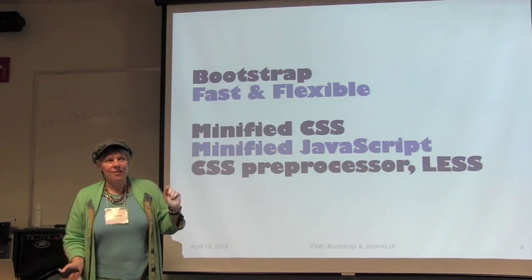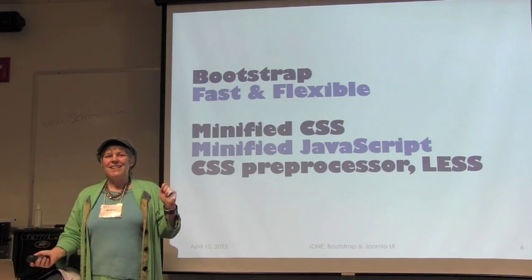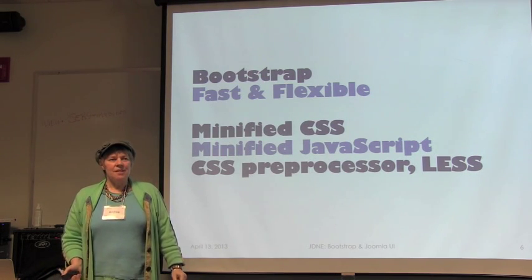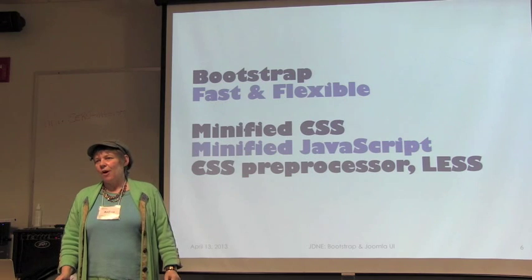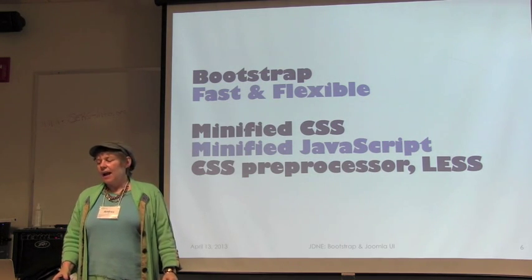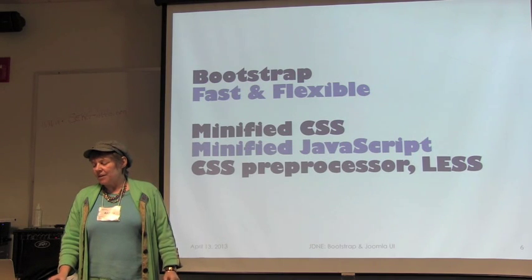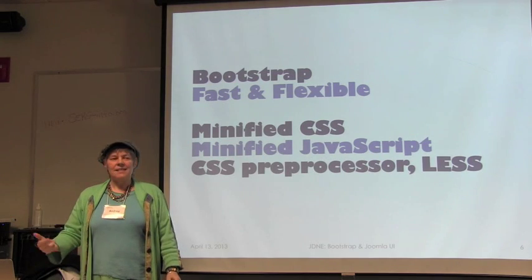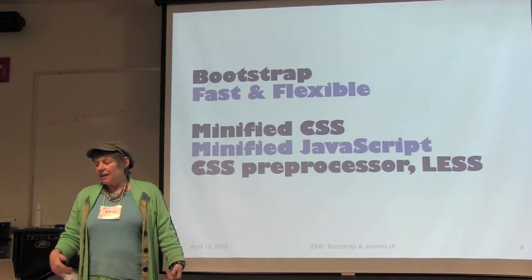And then there's one other thing that's quite different from what we've done before with Joomla, and that is that it uses a CSS preprocessor. The one that they've picked and they're using is called Less. And I'm going to be giving a talk later on today on Less and how you use it and everything.